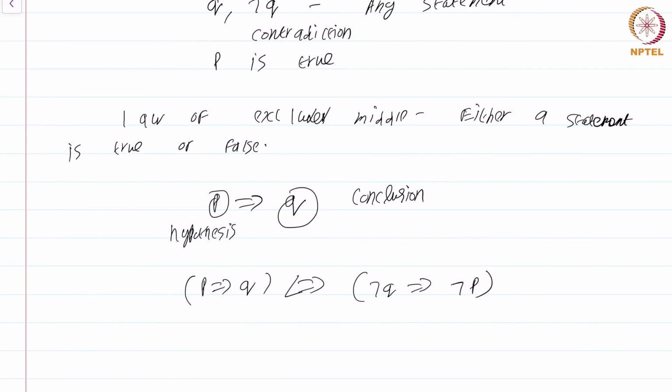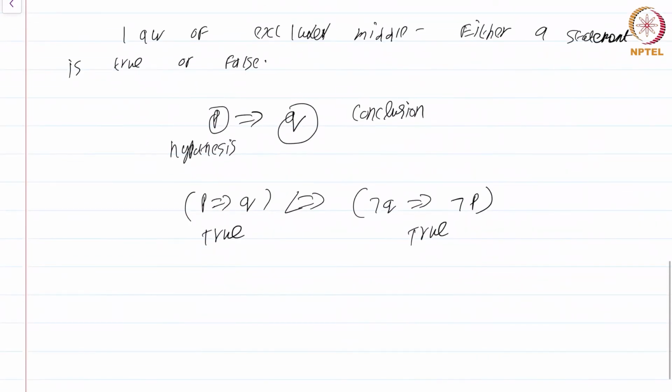So if you could show that negation Q implies negation P is true, then so is this statement. So in the proof by contrapositive, what you do is, instead of trying to prove that P implies Q, you prove negation Q implies negation P.